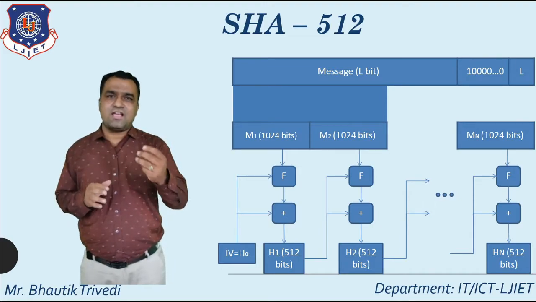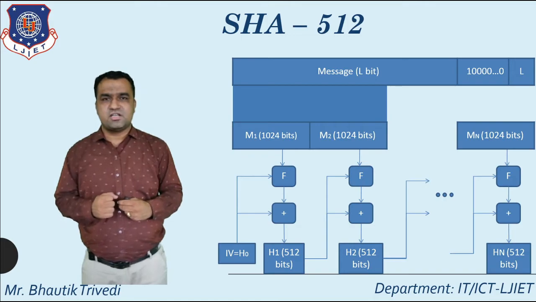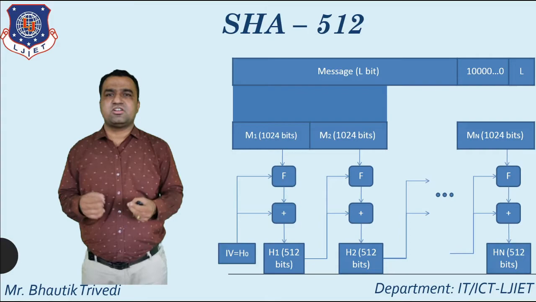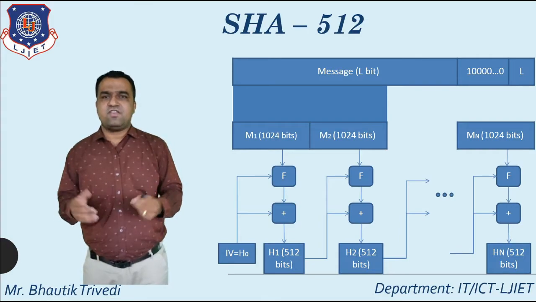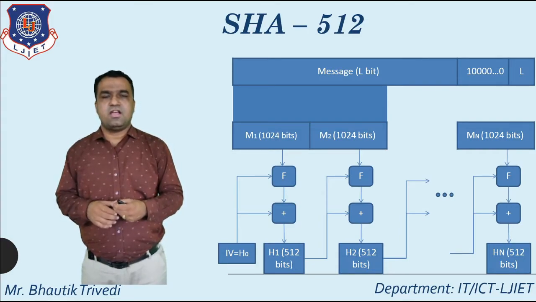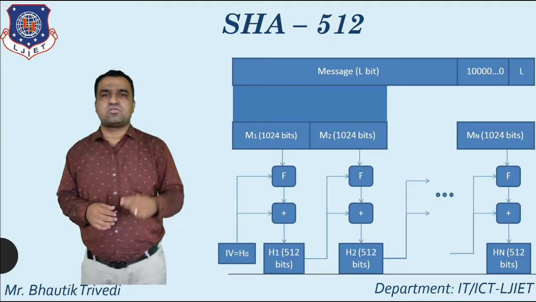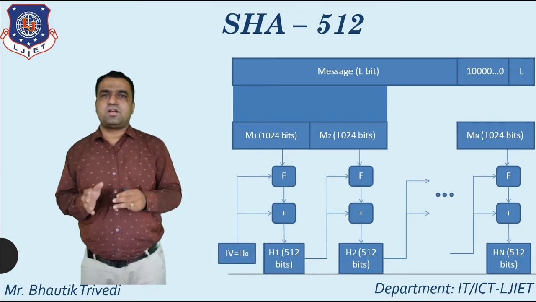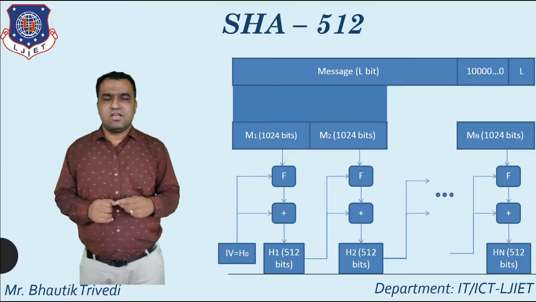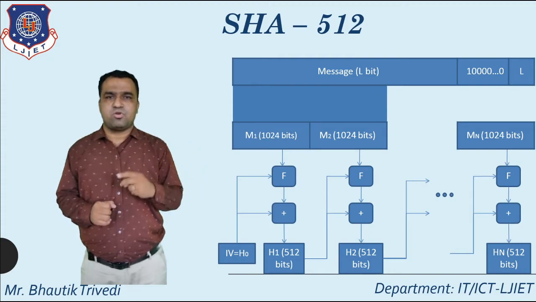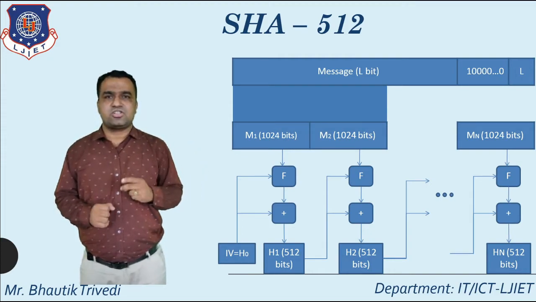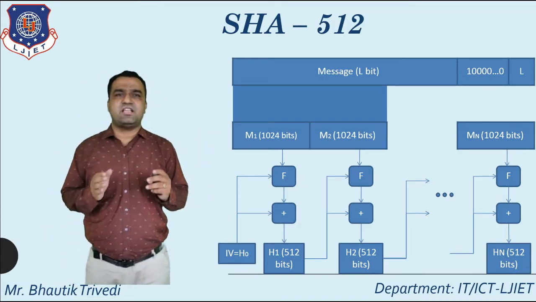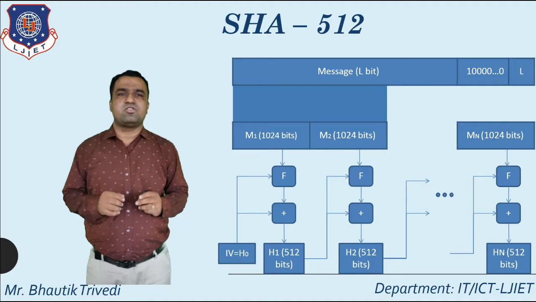So how do I generate the 512 bits? In this diagram, first I take the initialization vector IV equal to H0, and it is passed to the function F, which generates H1. Whatever H1 I receive is passed to the next block, which gives H2, and so on up to the last HN, which again is 512 bits.